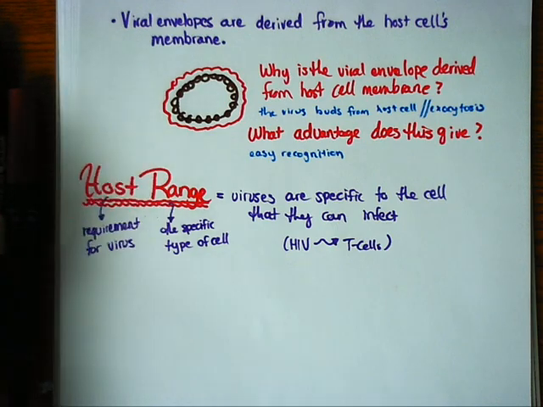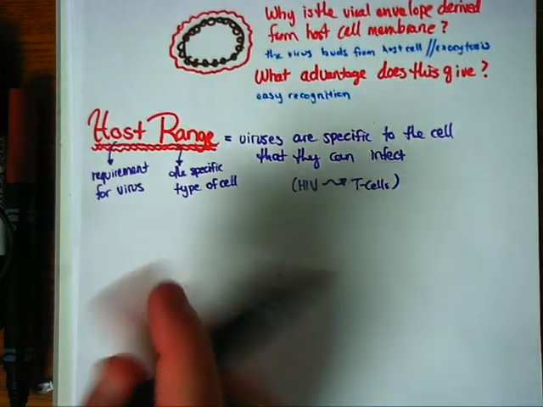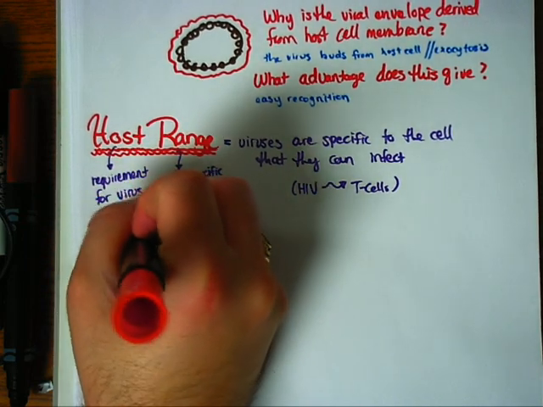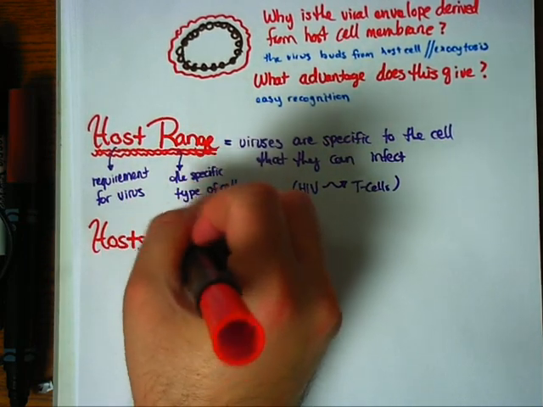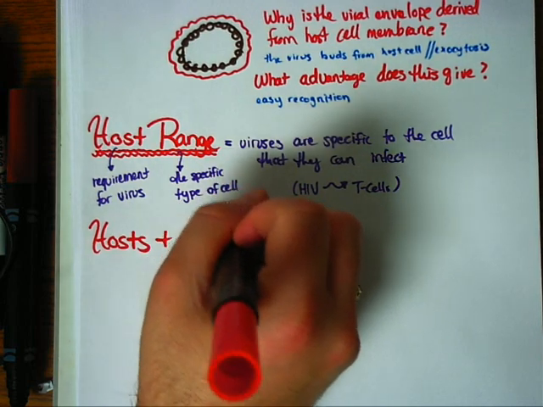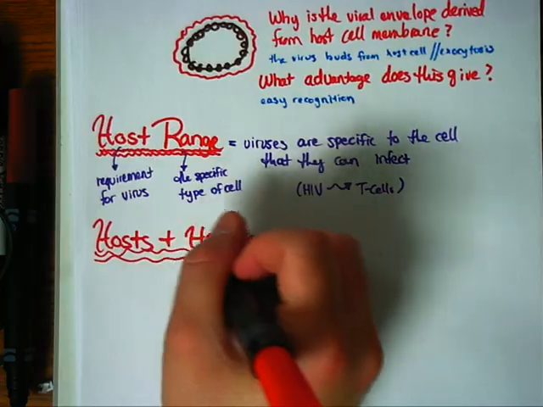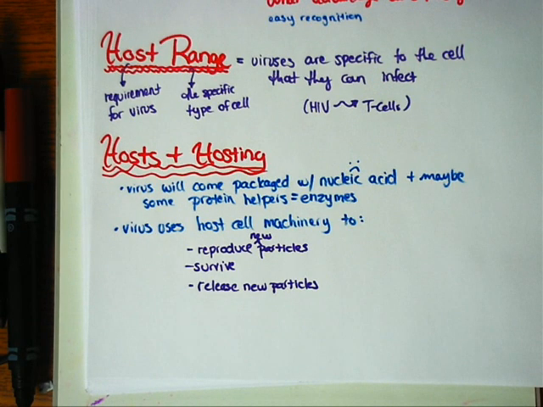Now, once it gets inside the host, we need to figure out what the host can do and what it's facilitating. So I wrote down hosting. How does a good host handle anything that's bad in your body? It buys you a little bit of time so that your immune system can learn how to fight the infection.